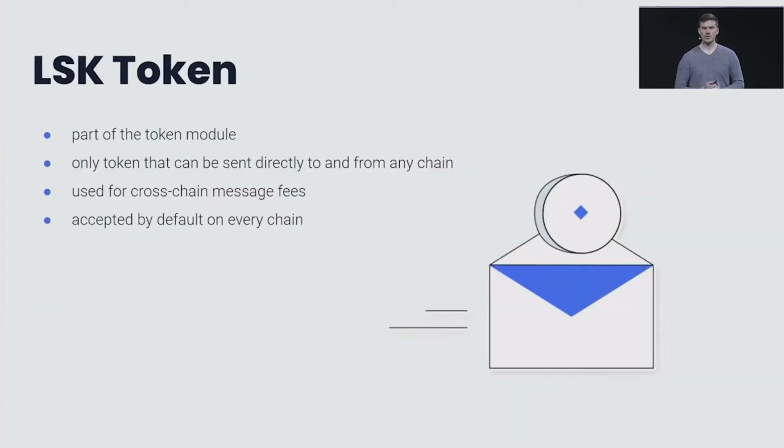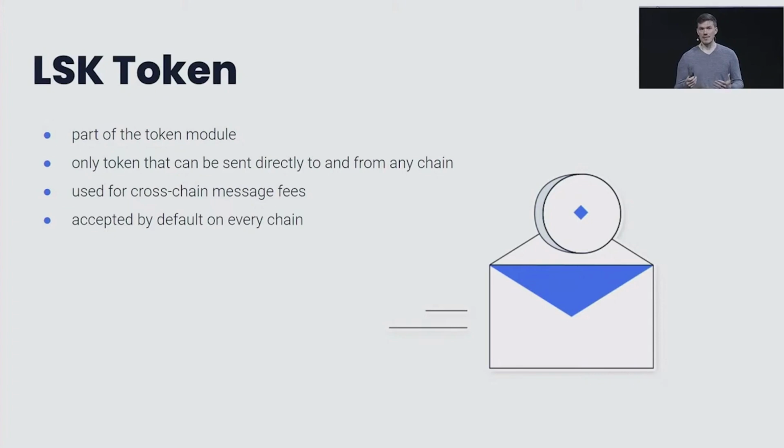Now, a small word about the Lisk token, the LSK token. This token is part of the token module, so it can be interacted with in the same way as any other token with the reducers that we are introducing here.